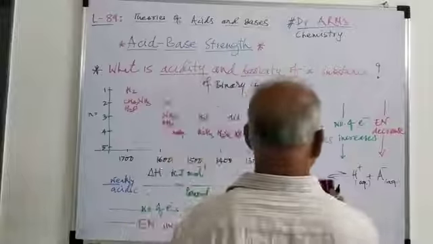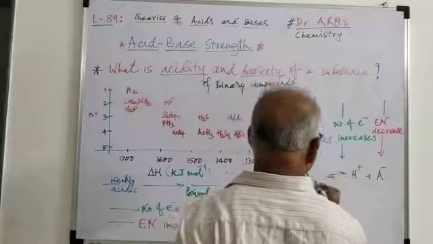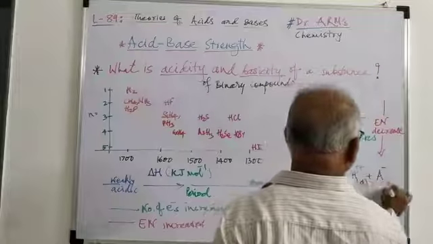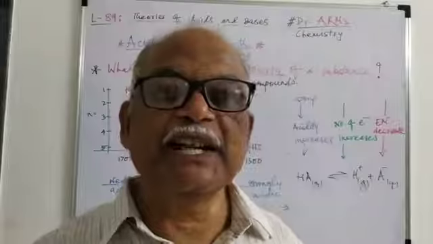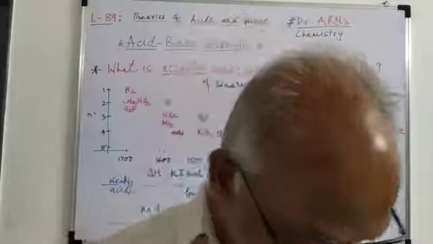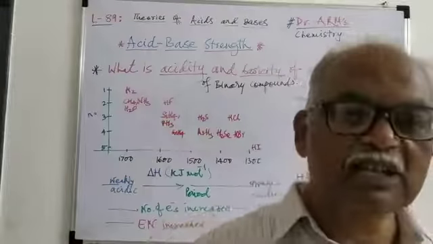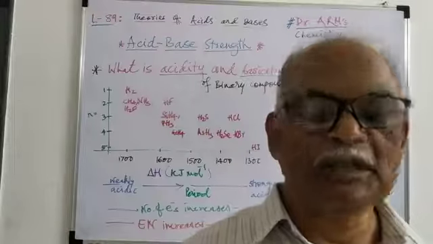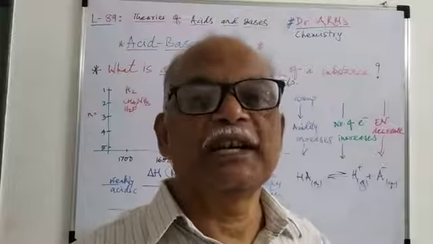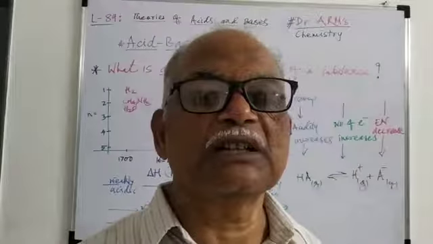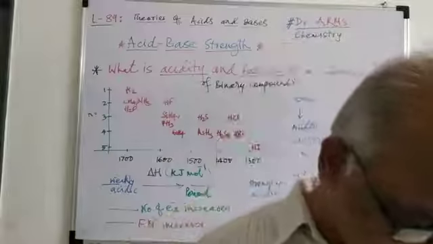If we are considering these in the gaseous state, we have to show that these are gases like this. So here acidity is also considered numerically to be equivalent to the proton affinity. Proton affinity is very important, and it is also part of this acid-base behavior.